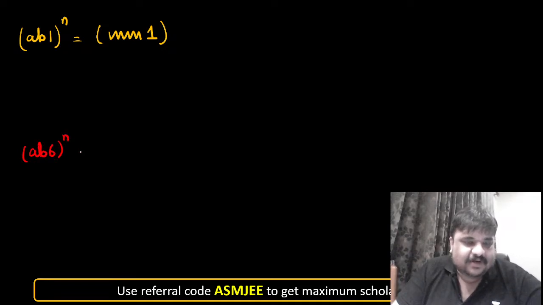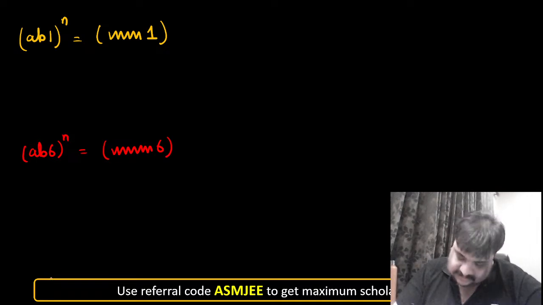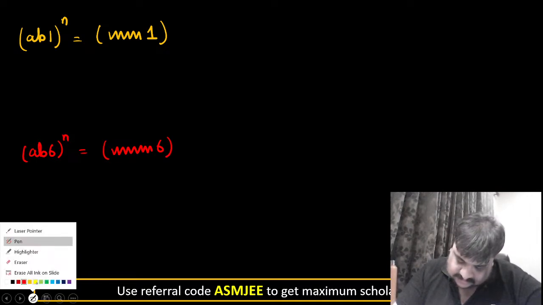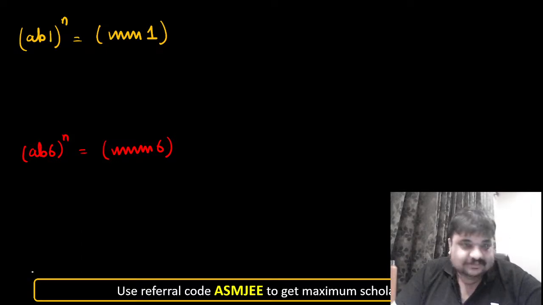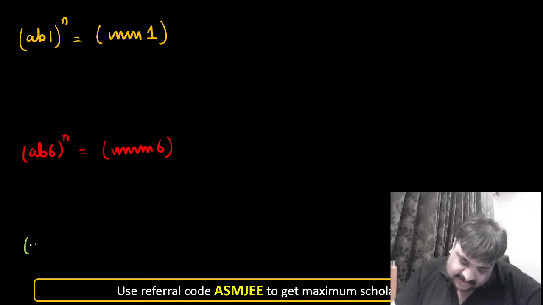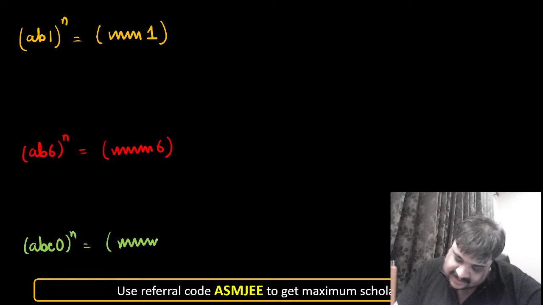You take any power, it will become something, but the last digit will be 6 only. Take any number whose last digit is 0, any power, the last digit will be 0 only.